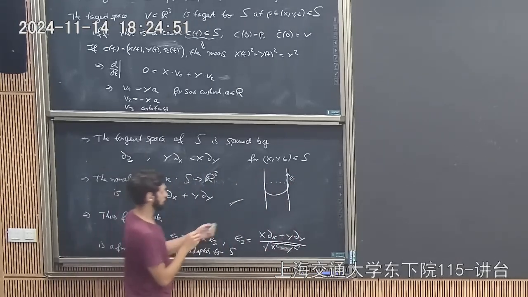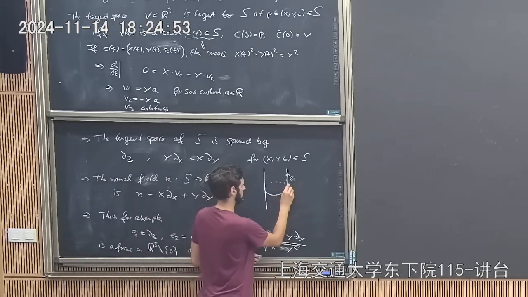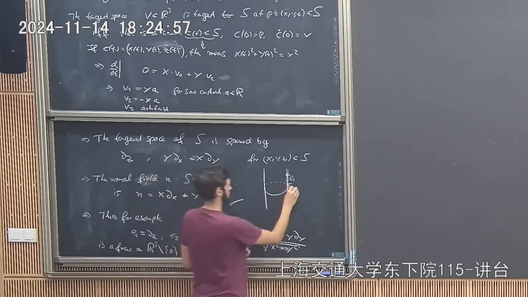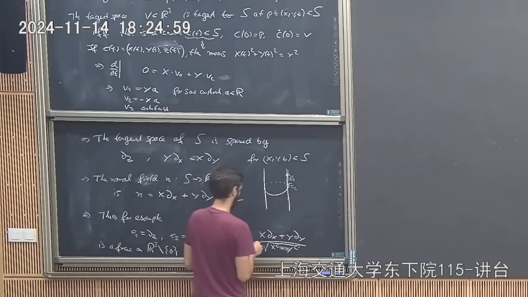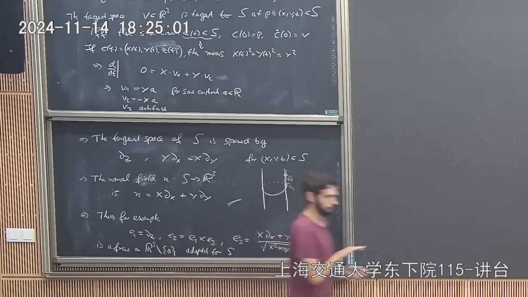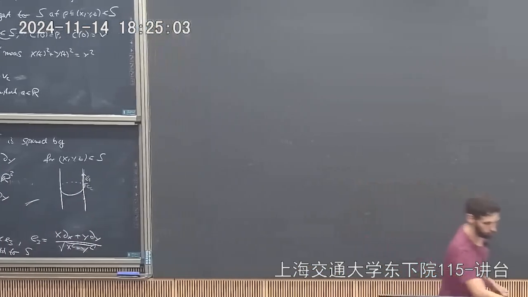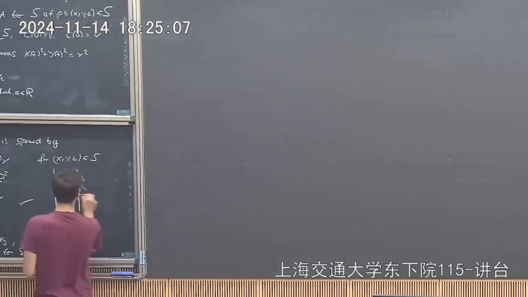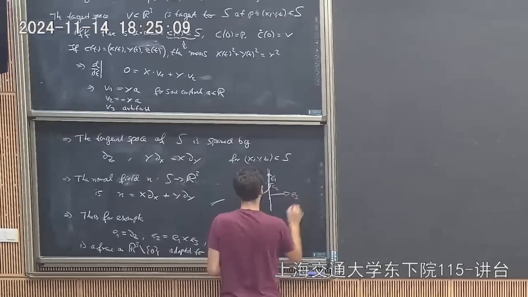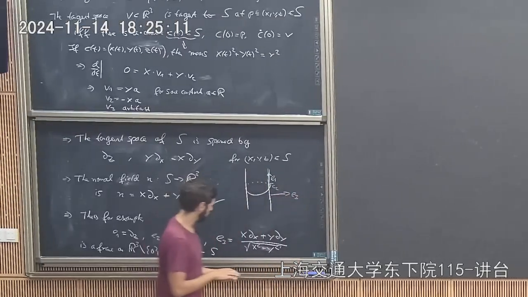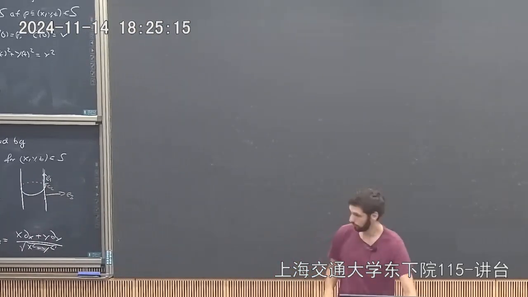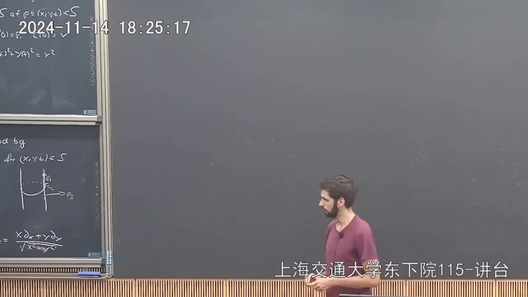E2 is pointing essentially along the cylinder, so that's E2, and then the normal direction is pointing just outwards. So that's the picture of these three vector fields.